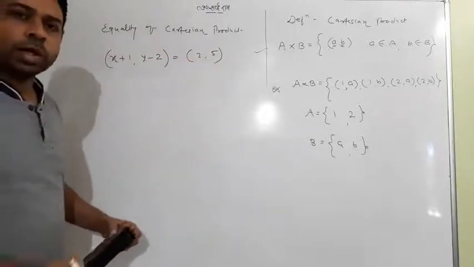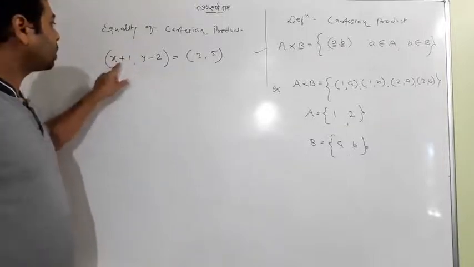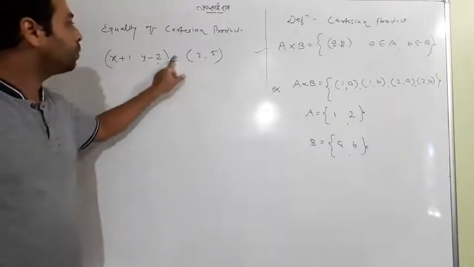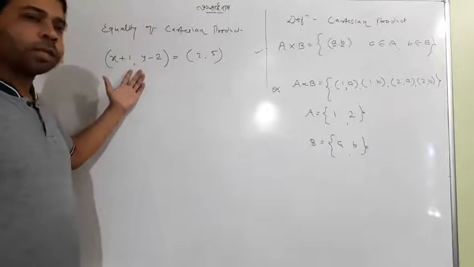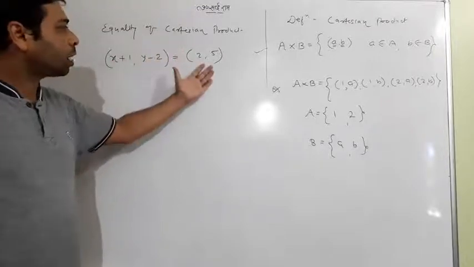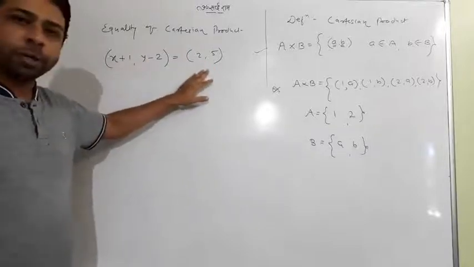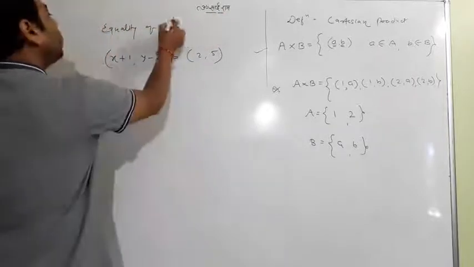One should know now that this bracket is actually an ordered pair containing two elements. This is also containing two elements, and between them there is an equal sign. So one can simply understand that if this ordered pair is equal to this ordered pair, these both are ordered pairs. Equality of ordered pair.